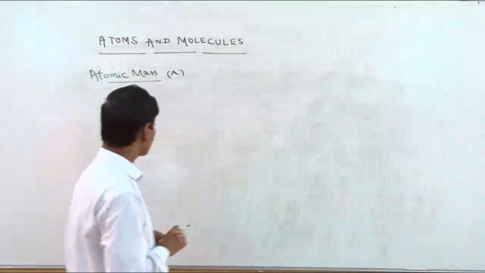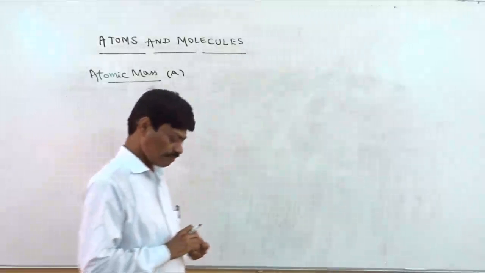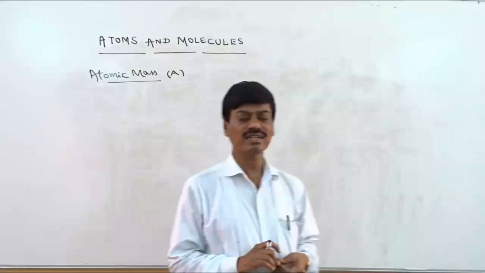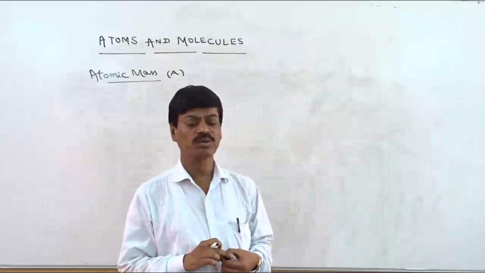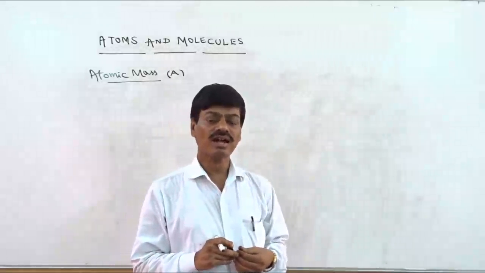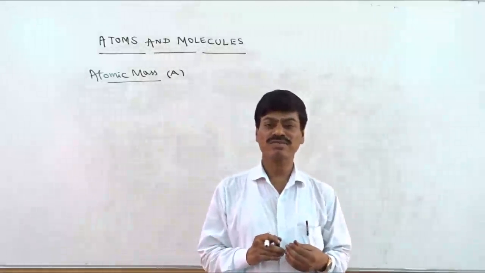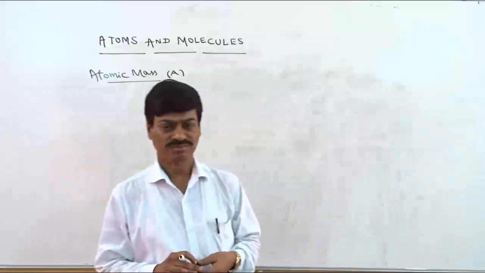So 1 by 16th mass of O16 atom is equal to 1 AMU, and with that the atomic mass of the given element is compared and expressed.